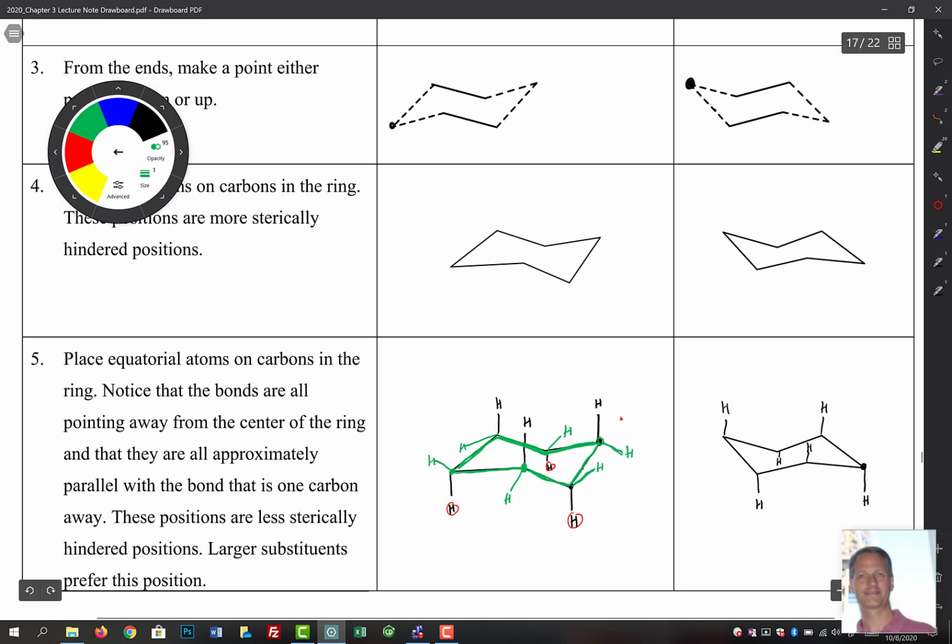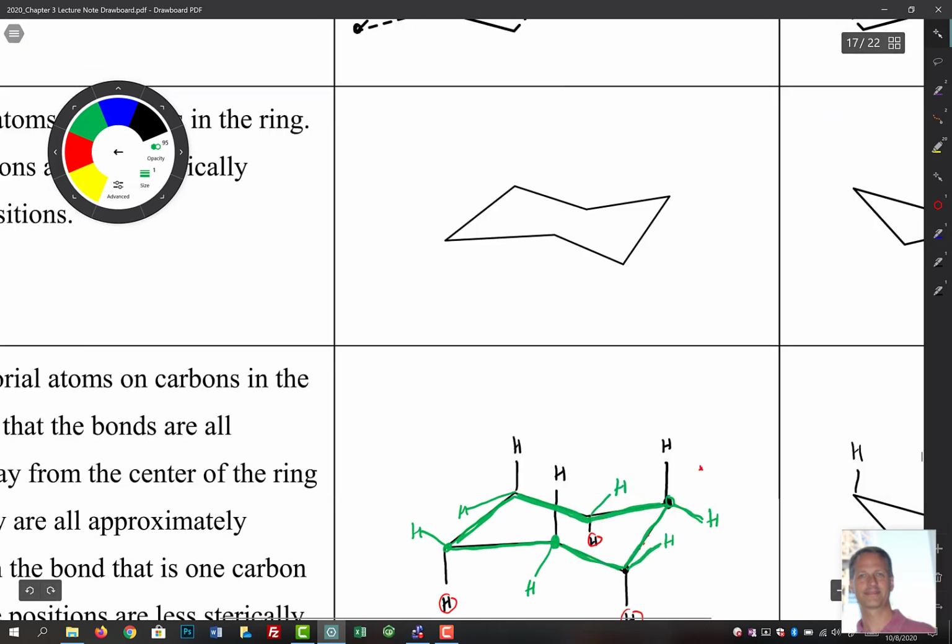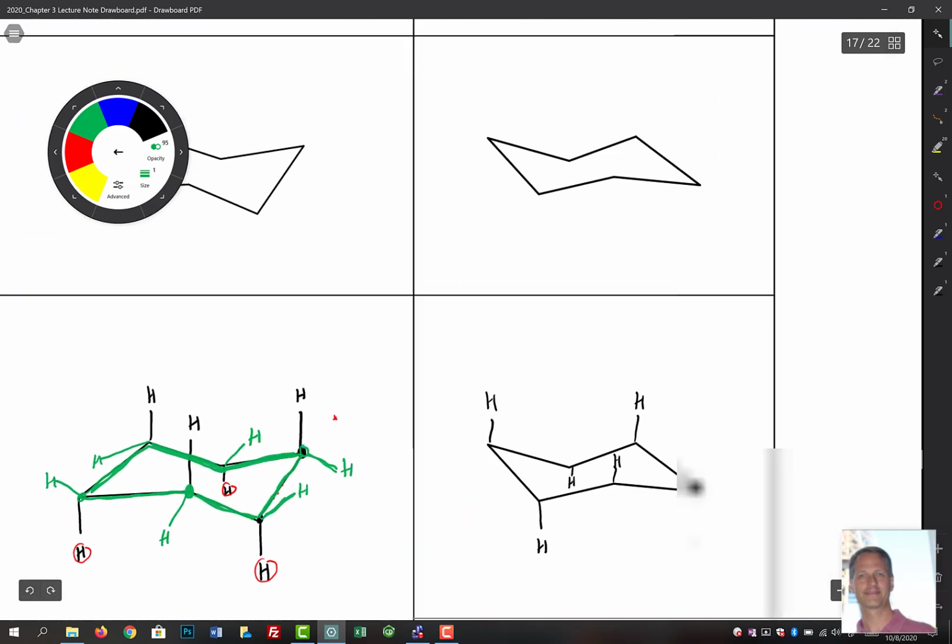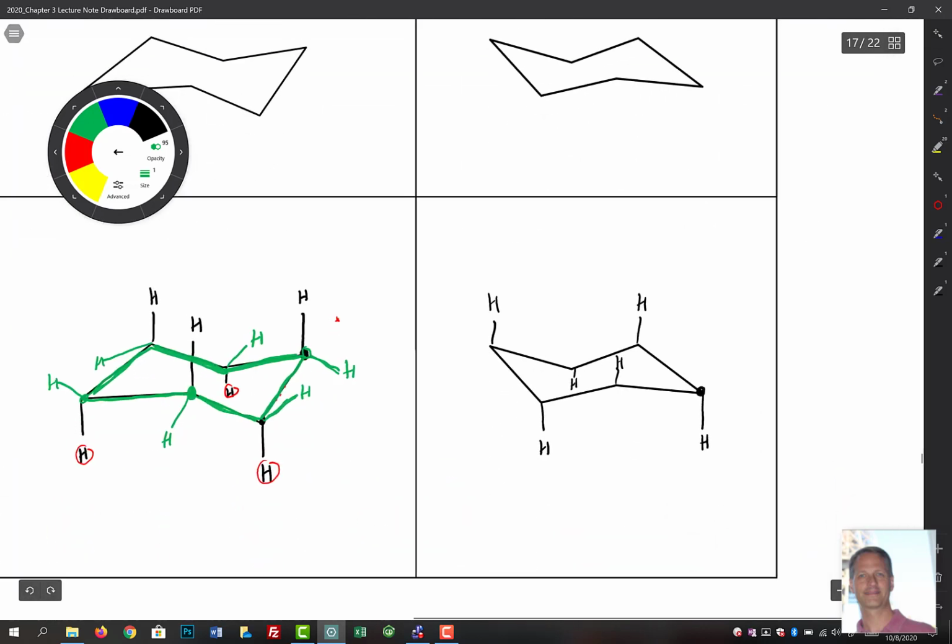And then we would carry out the same kind of task over here for the other structure. So going through, we need to put an H right here. Right, we want that H to be roughly parallel with the carbon-carbon bond that lies one carbon behind us. Coming over here, should be roughly parallel with that carbon-carbon bond.